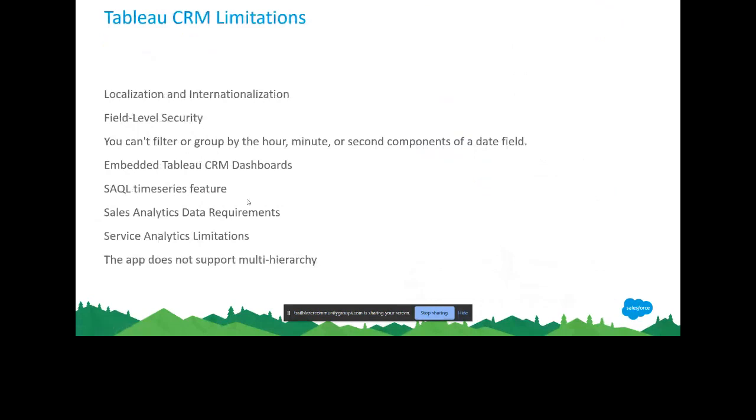Tableau CRM has its own certain limitations. Like one of the limitations is that you need a separate license for the time series data, which is kind of weird to me. But if you have time related data and you want to do certain operations, then you need to buy the time series permission license.